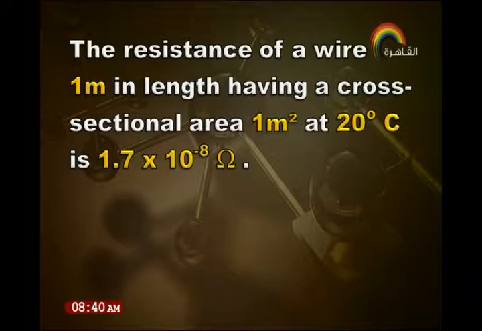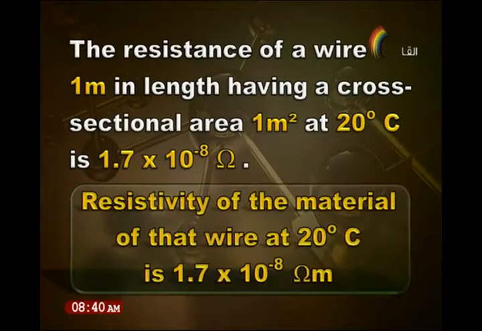Resistivity must be equal to 1.7 times 10 to the power of -8 ohm meter. Resistivity of the material of that wire at the mentioned temperature is 1.7 times 10 to the power of -8 ohm meter.